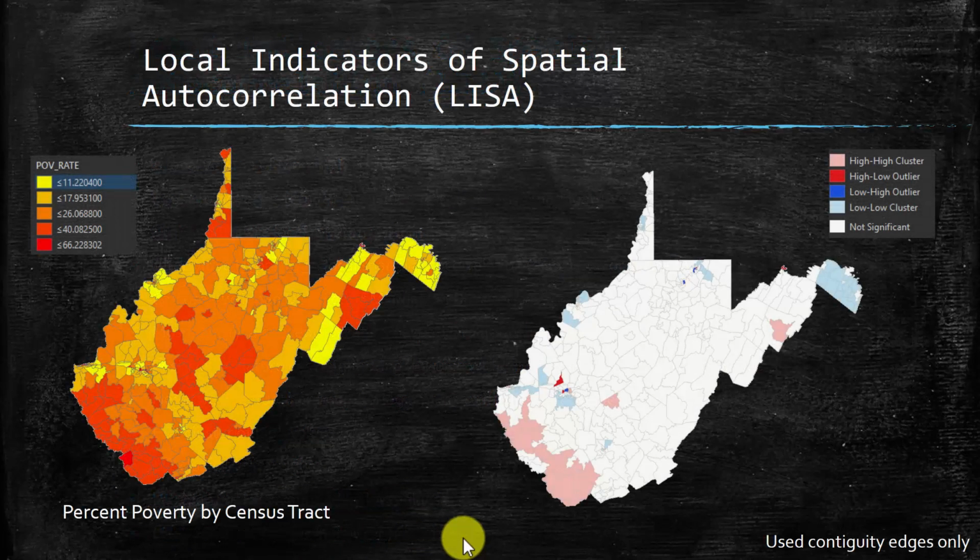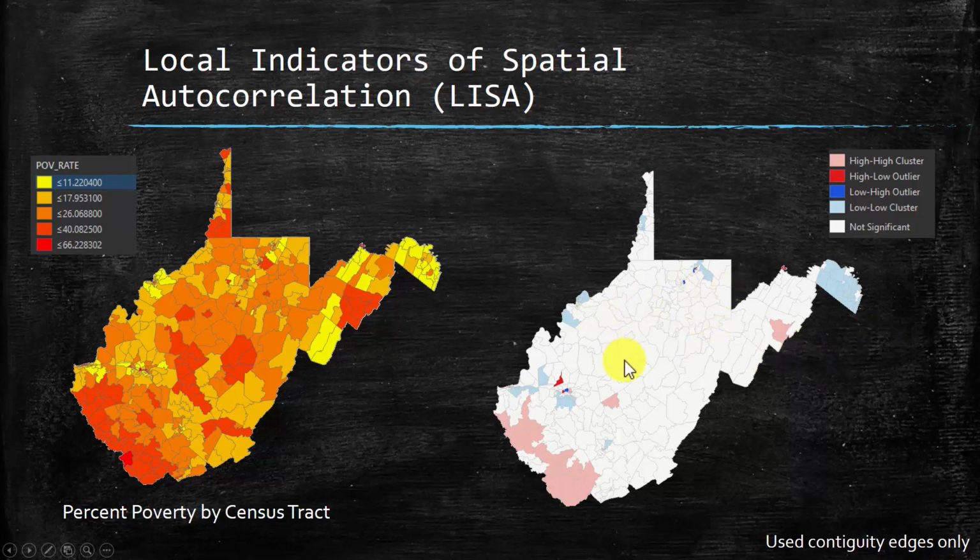Here's an example output. So again, this is going back to that poverty data by census tract. This is the census tracts with the color representing percent poverty. And here we have the results of our LISA analysis using a contiguity edges only spatial relationship.